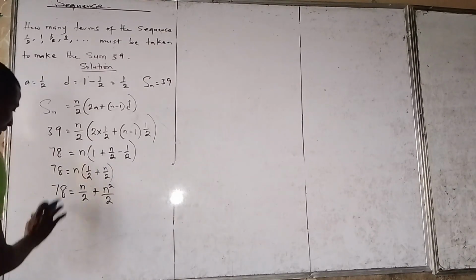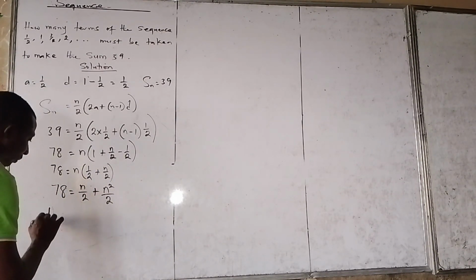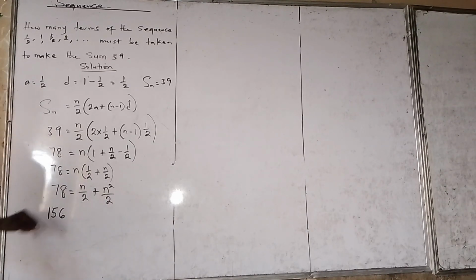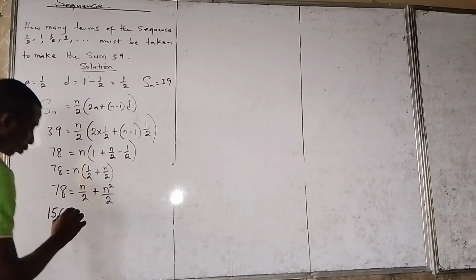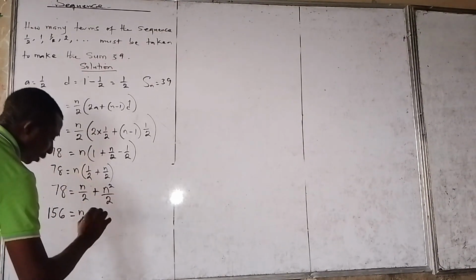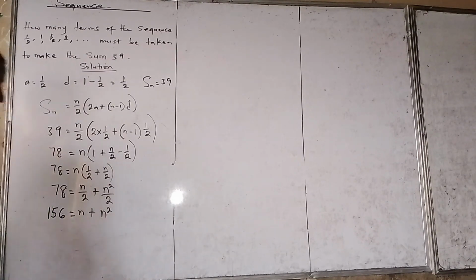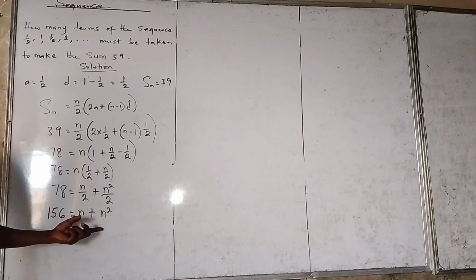So when you do that, 2 times 78 gives you 156. When you multiply this by 2, 2 cancels 2. So we have n plus, multiply this by 2, we have n squared. Alright? So we can see we now have a quadratic equation.